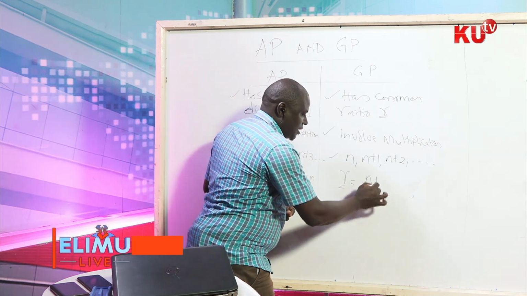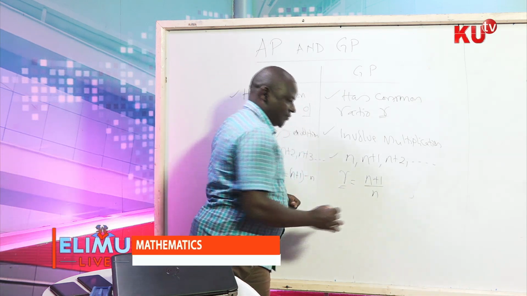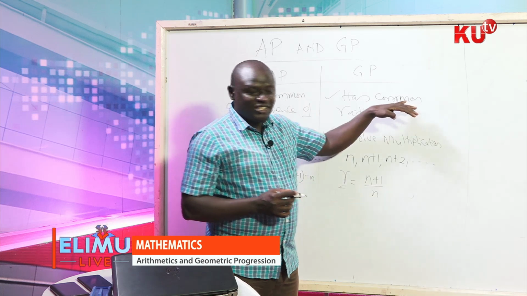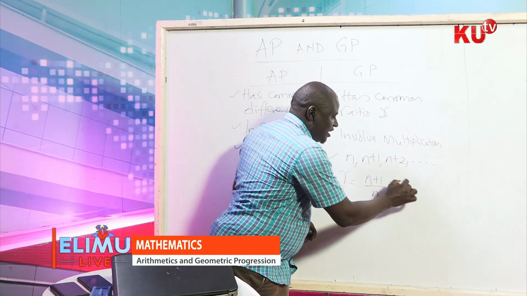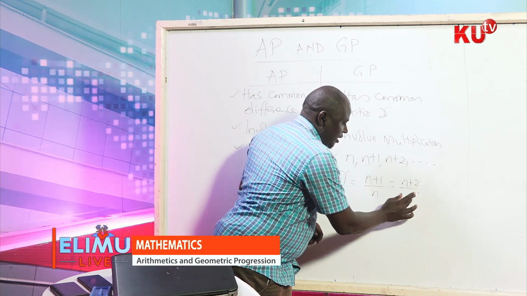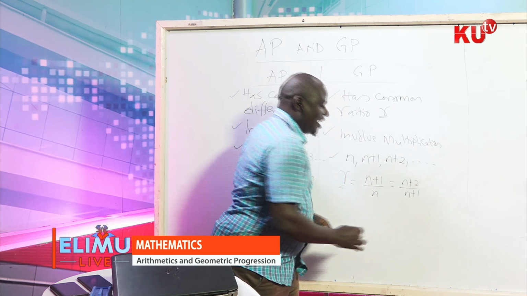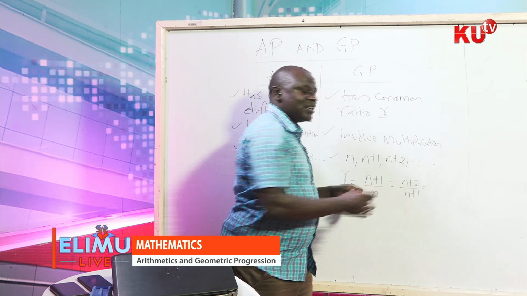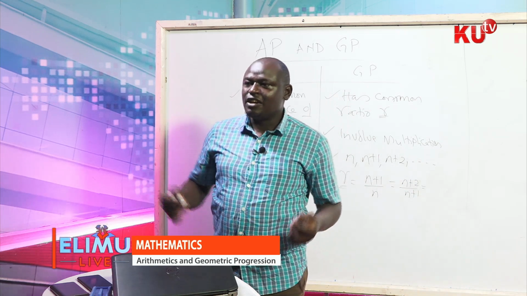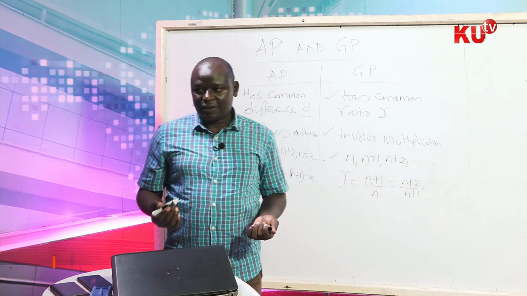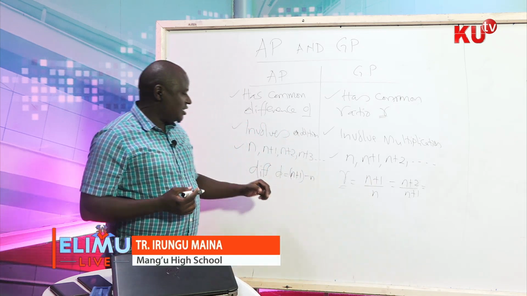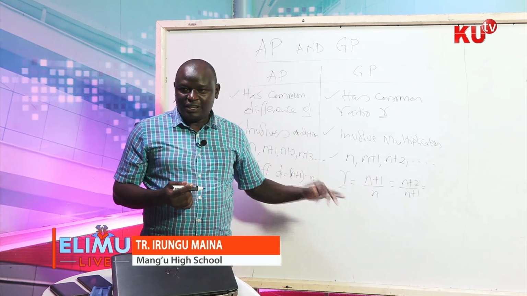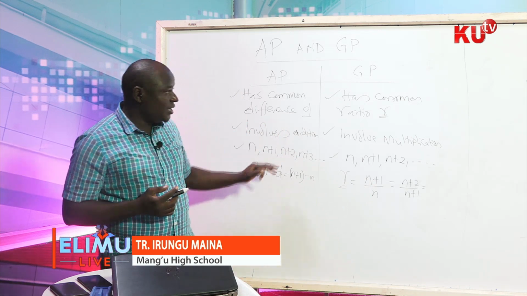So it is n plus 1 over n. And because it's common, as the word suggests, it's common ratio, it can also be given by n plus 2 over n plus 1. And this chain can continue because we are discussing common ratio R. Having said that, we can see the clear difference between an AP and a GP.